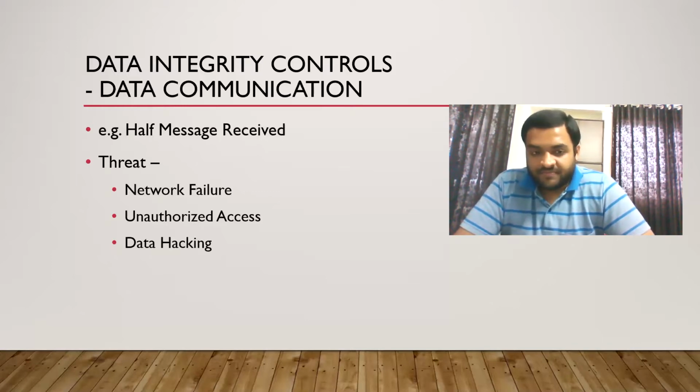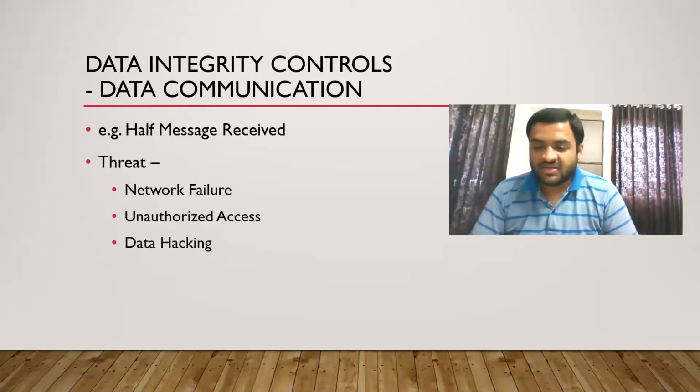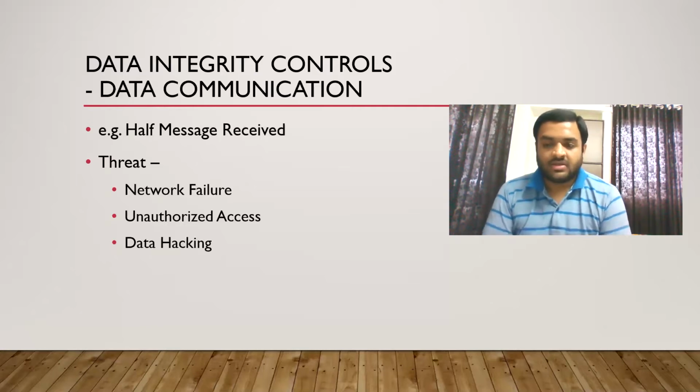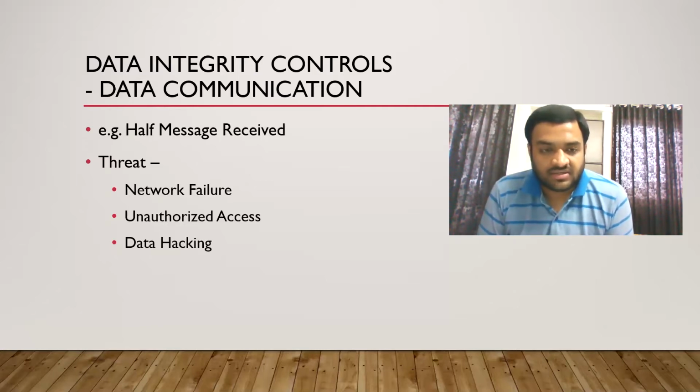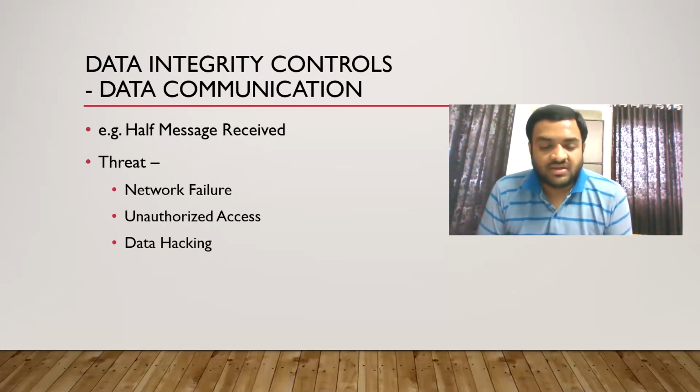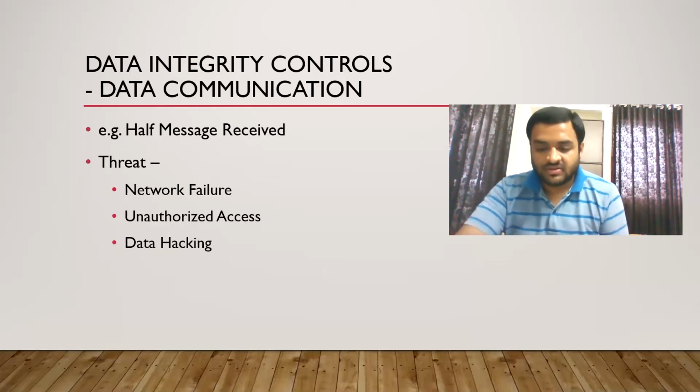There is a network failure or unauthorized access, or data has been hacked. Data has been hacked, that means the information system is no longer able to send messages, or part messages are sent. If a part message is sent, it can give you the wrong message. That is what we are calling a threat. Then once again, network failure, unauthorized access, and data hacking. These are the threats. Now let's see what are the controls.